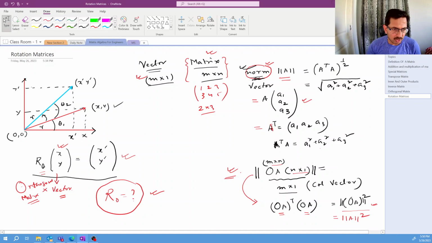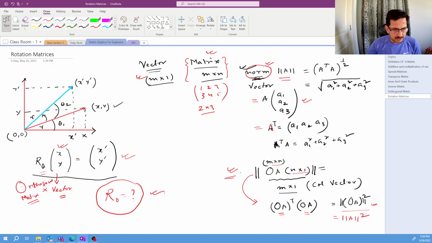Because of that property we can use an orthogonal matrix and rotate a vector. That's a very important concept. First you understand the problem statement, and now we'll continue with how we can calculate this orthogonal matrix so that we can get the new points.